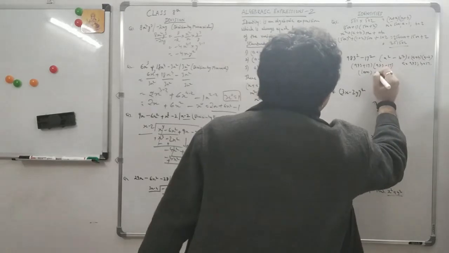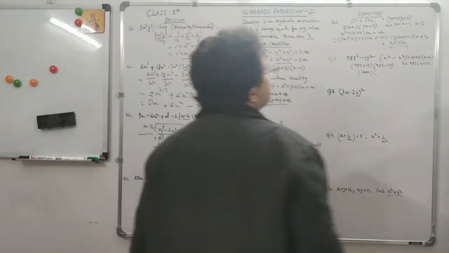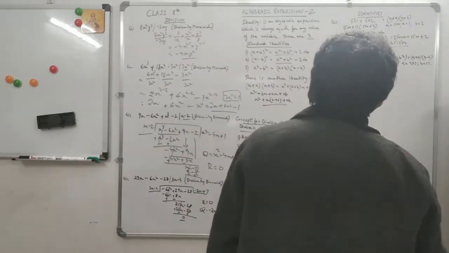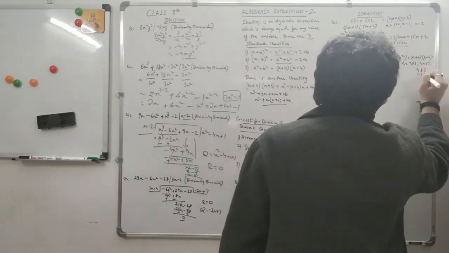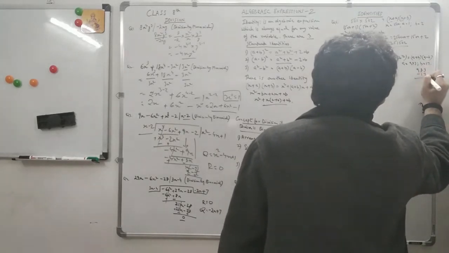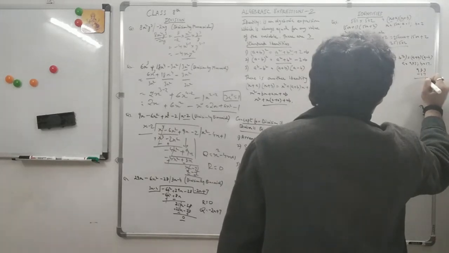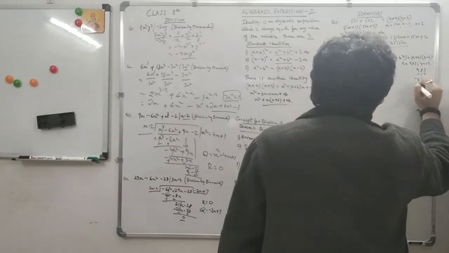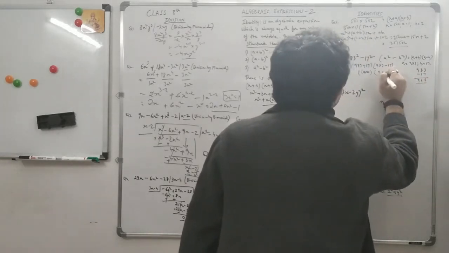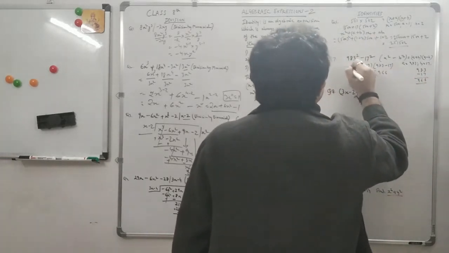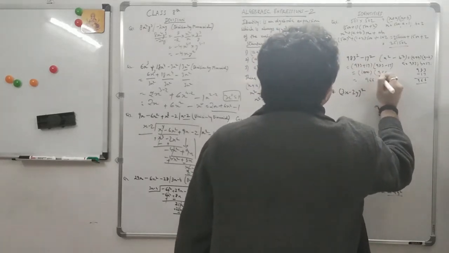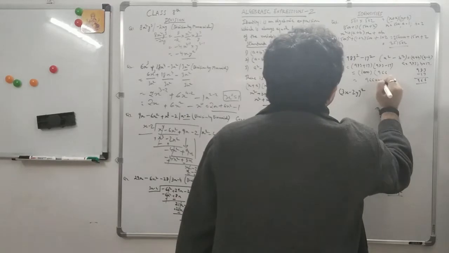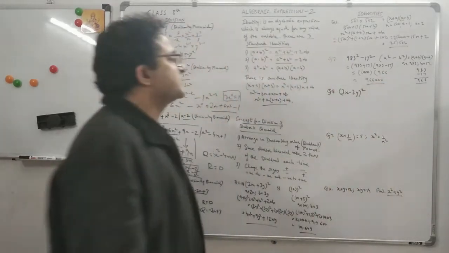And this becomes how much? 983 minus 17, which is 966. This becomes 966. How many zeros? 3 zeros. This is the answer.